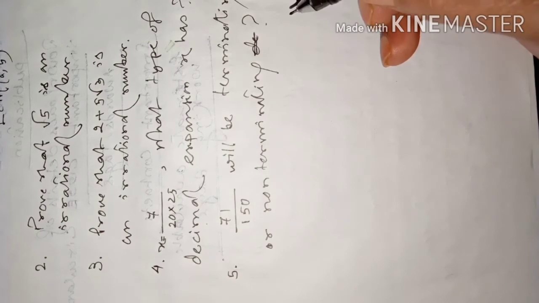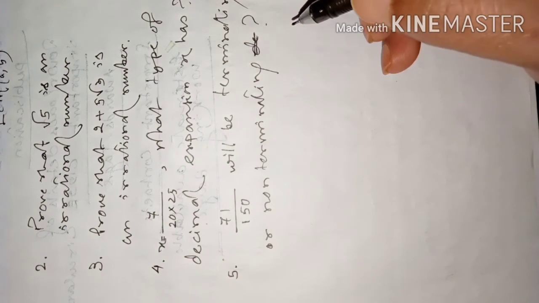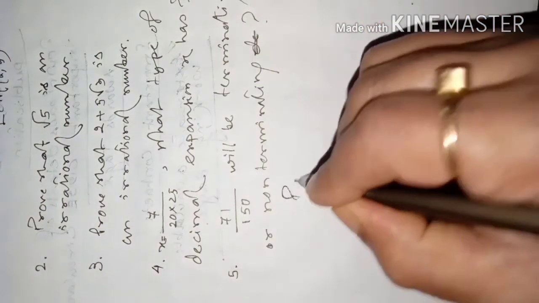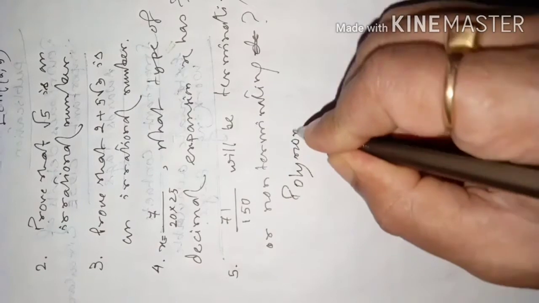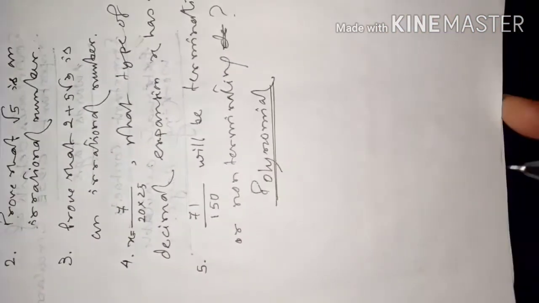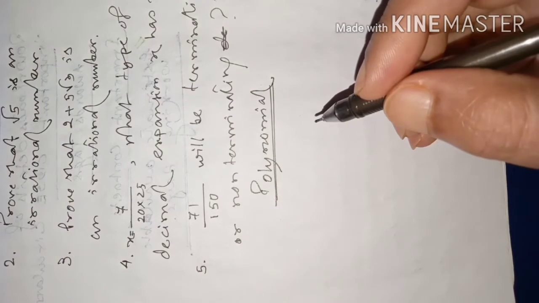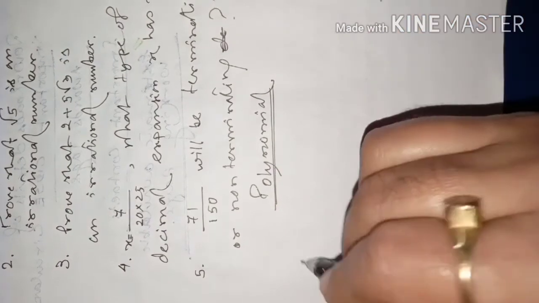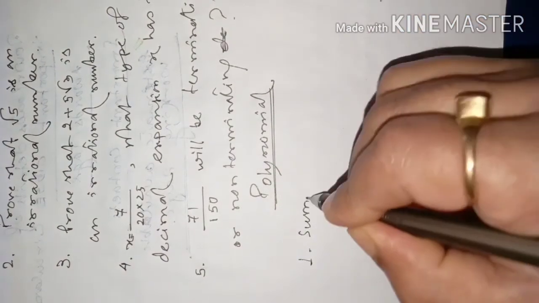Also from polynomials, now let us see. Polynomials is another topic, the second chapter. Since the exam is near, that's why I am saying that you must go through all this. What is the formula for sum of zeros?